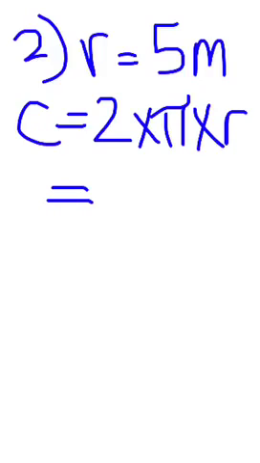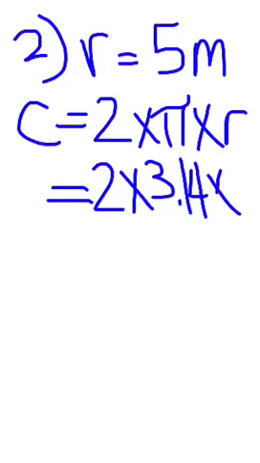And what we're looking for here is the approximate circumference. So if you see that in any of the online lessons, replace pi with 3.14, and plug in your radius.